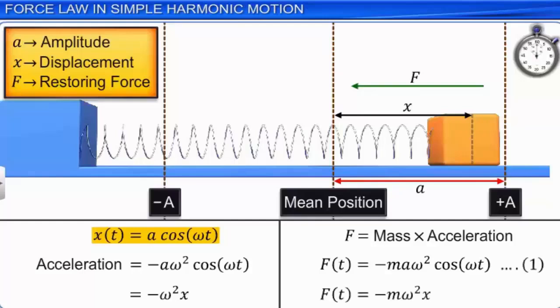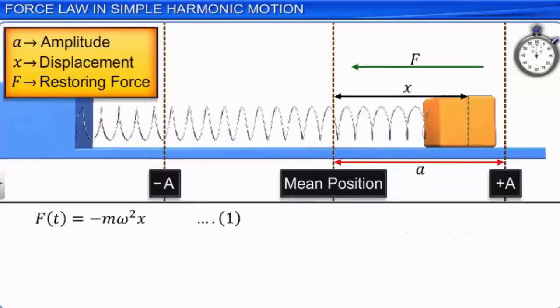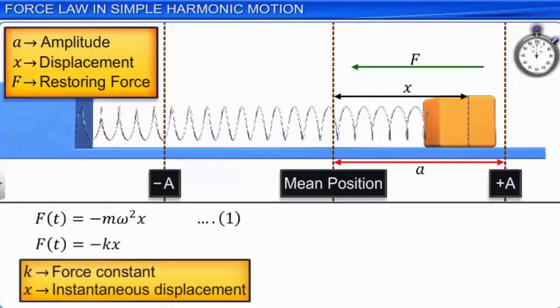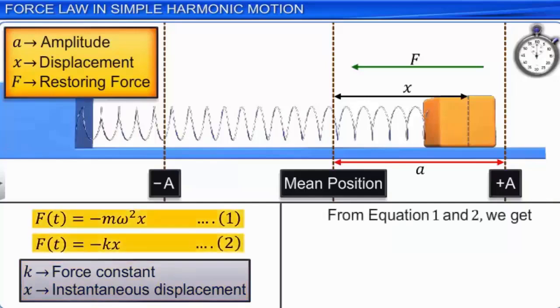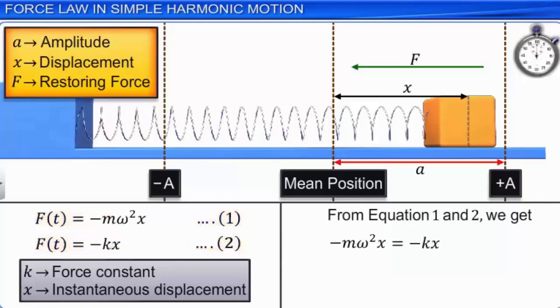Earlier we had seen that the force due to simple harmonic motion can be written as F of t is equal to minus kx, where k is the force constant and x is the instantaneous displacement of the body. Let this be equation 2. Equating 1 and 2 and simplifying, we get m omega square is equal to k, or omega square is equal to k by m.